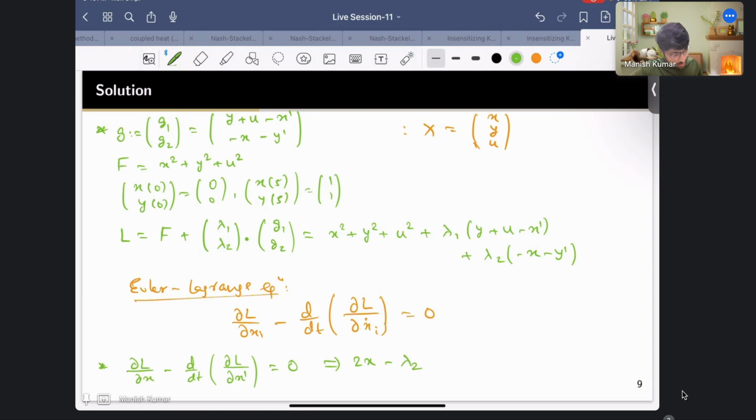That's it, right? And then you have minus d dt of del L by del x prime. Del L with respect to x prime appears here, and that's the only place where it appears. So you'll get minus lambda 1 equals 0.